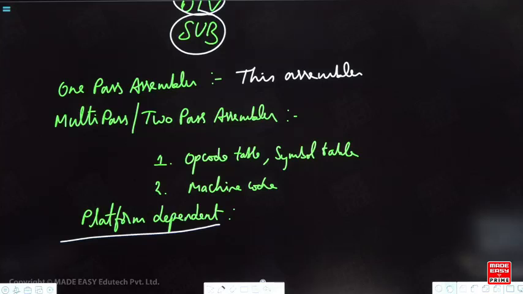These assemblers first process the assembly code and store the values in the opcode table and symbol table.